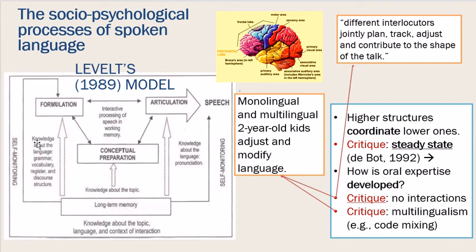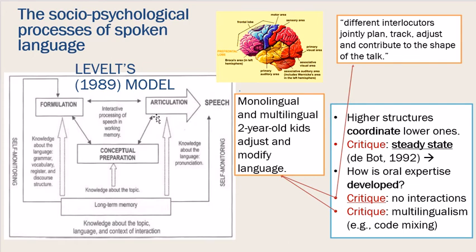For example, if one piece of information is not relevant to what we want to talk about, that piece of information will probably be barred from entering the articulation system, because after formulation we articulate, and that's where this speech is produced.